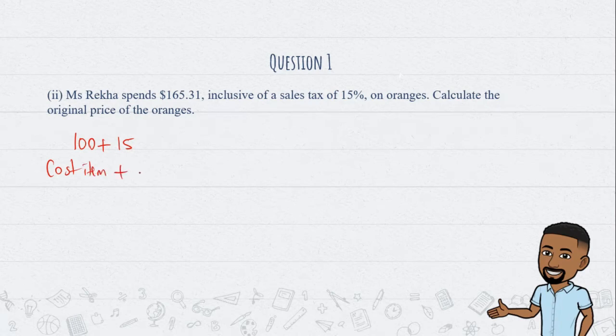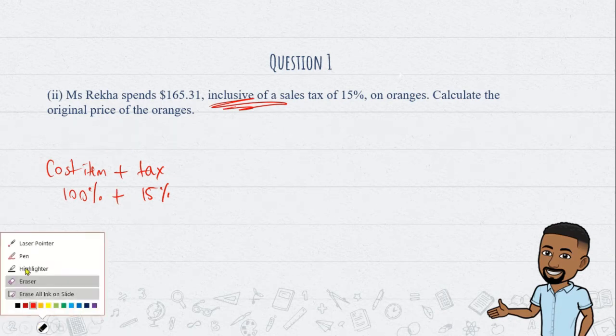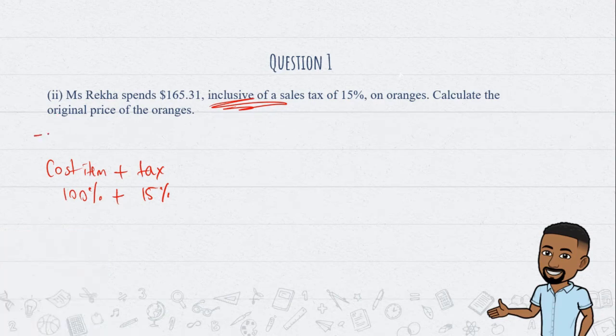Alright, so it's the cost of the item plus the tax that would give the amount of money that Miss Rika would spend, because that amount of money is inclusive of the sales tax of 15%. So it's 100% plus the 15%. And in all, the cost of the item, the money that she spent, is inclusive of sales tax.